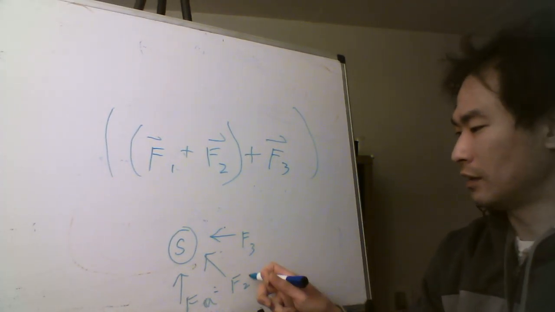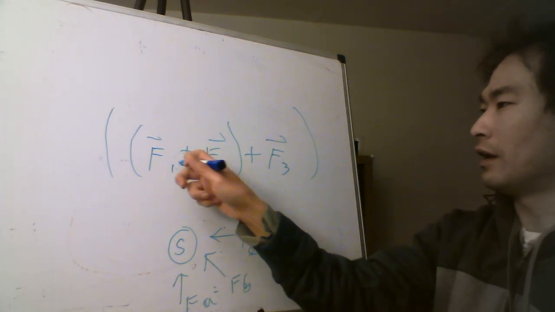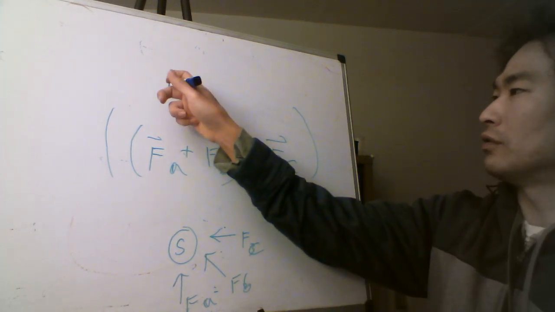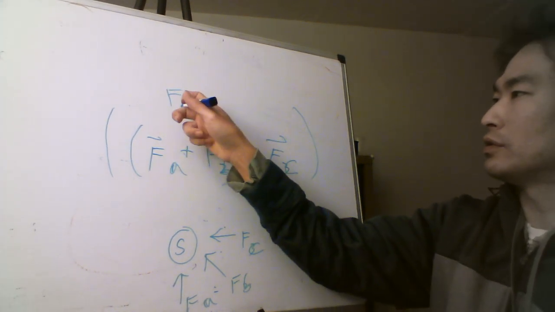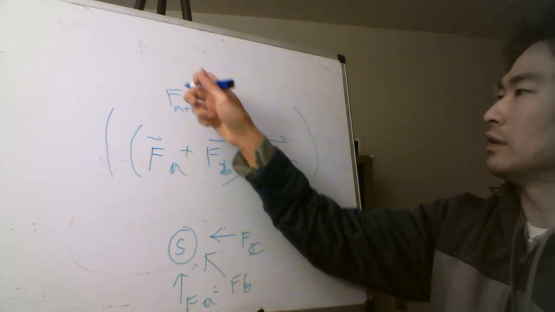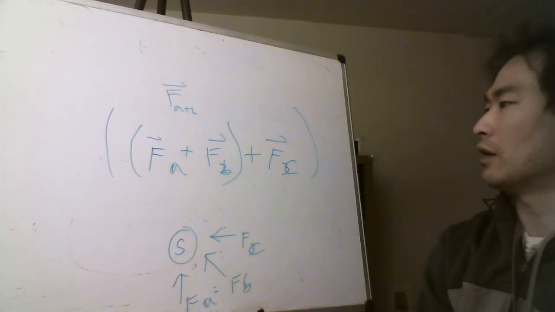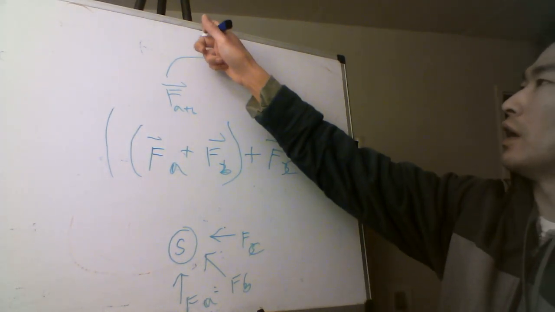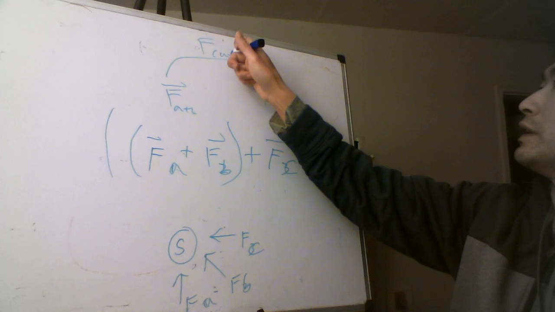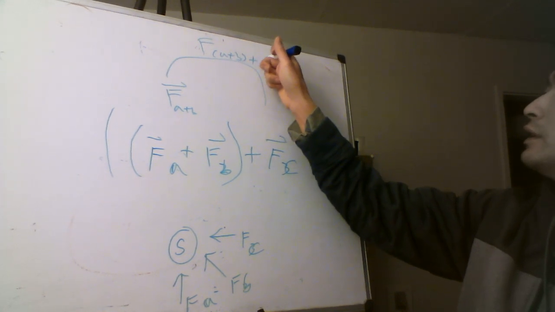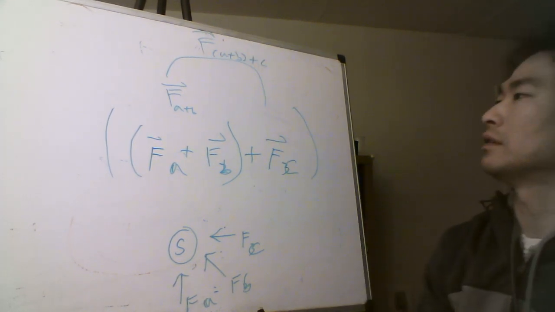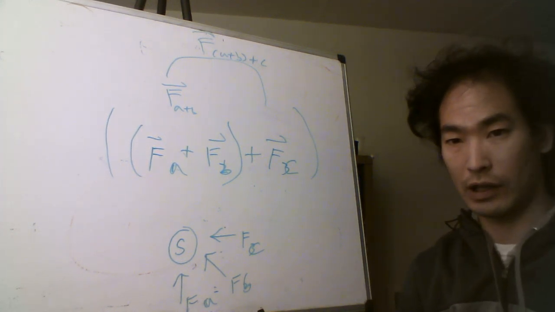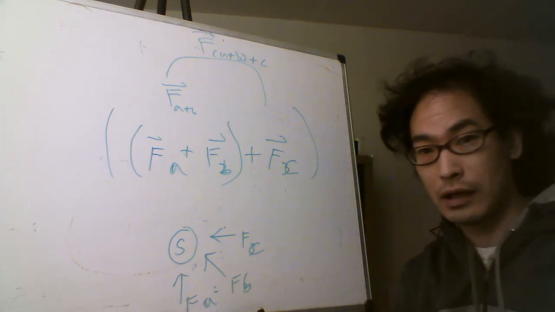Let's say A, B, C. The resulting force is F of A plus B. Now we add these two together, so we have F of A plus B plus C. That's what we are trying to achieve. Can you read this? Yeah, you can. Good.